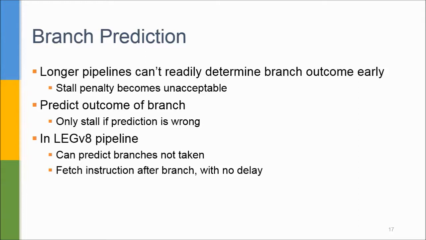This will not work for the LEGv8 architecture with the 5-stage pipeline. Hence, the branch target is computed during the ID cycle or later, and the condition is also evaluated in the same clock cycle.